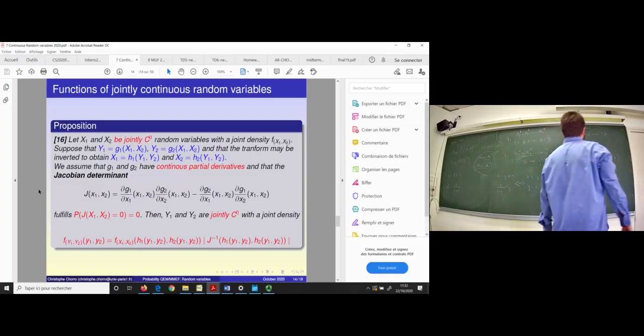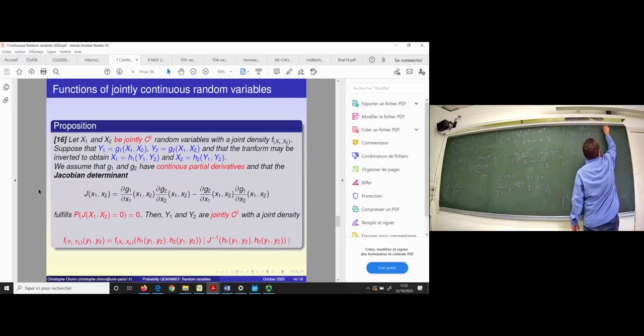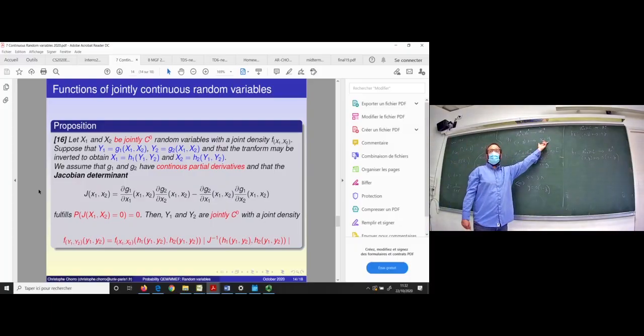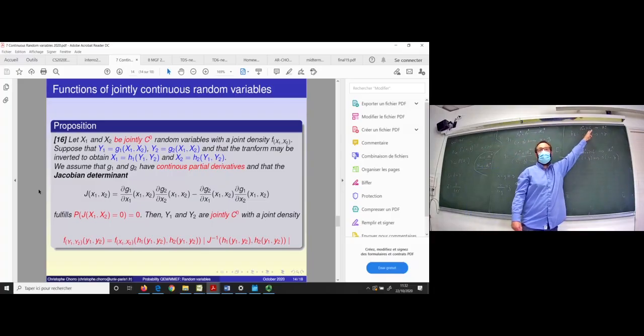My possible values are in both cases R plus star, R plus star. So you have the inverse this way. Keep in mind that I have proved that here my S takes values in R plus star and my Z takes values in 0, 1. That's why I have this set of definition here.